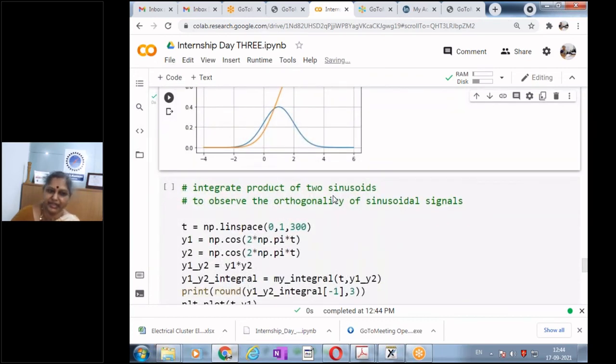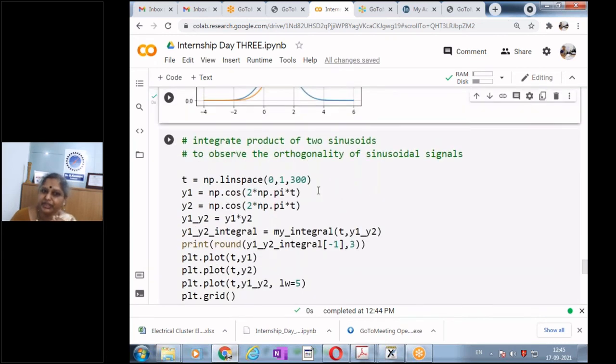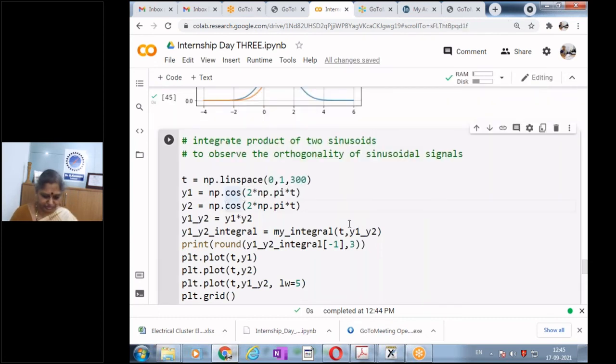Now here we are trying to compute the product of two sinusoids. So I am taking cos and cos. Now please watch out for this. You remember I gave you an analogy. Let us say I find the product of two sinusoids, sine 2 pi t and cos 2 pi t.